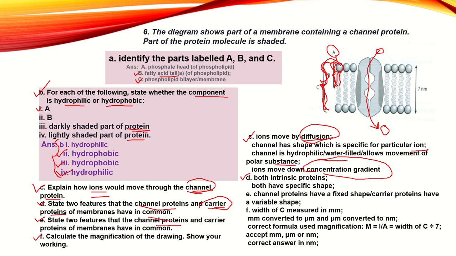And D, the two features that channel proteins and carrier proteins have in common: number one, they are intrinsic proteins, and number two, they have a specific shape. Then E was the same question again, but it is about what is different: the channel protein has a fixed shape and the carrier protein has a variable shape.